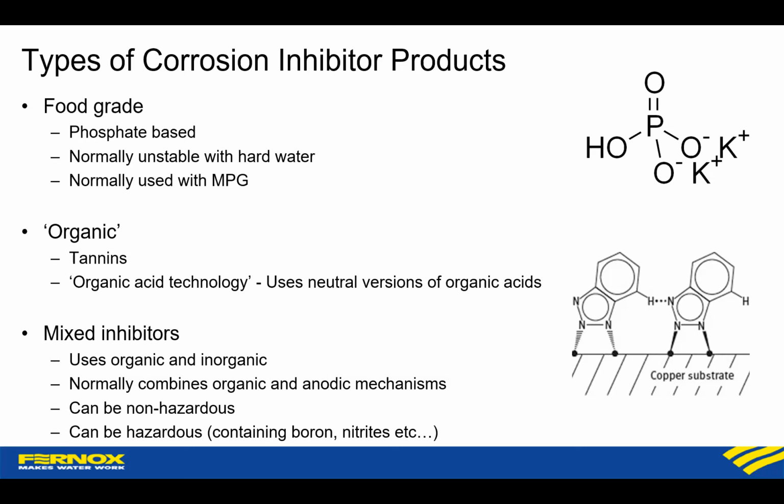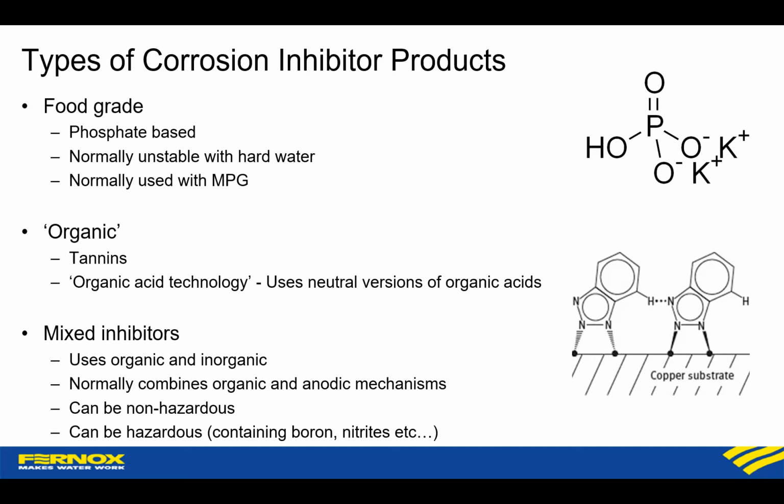With anything phosphate based, you normally have a problem with hard water because you form calcium phosphate, which then comes out of solution. So you'll find a lot of these inhibited products, which are phosphate based, normally say they can only be used with deionized water.